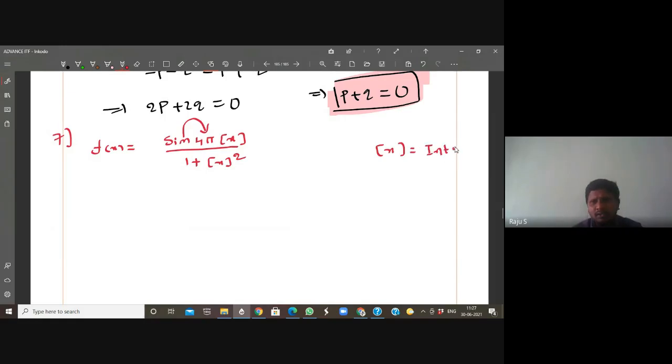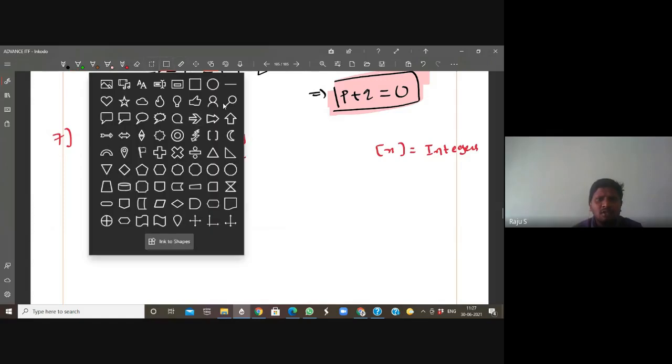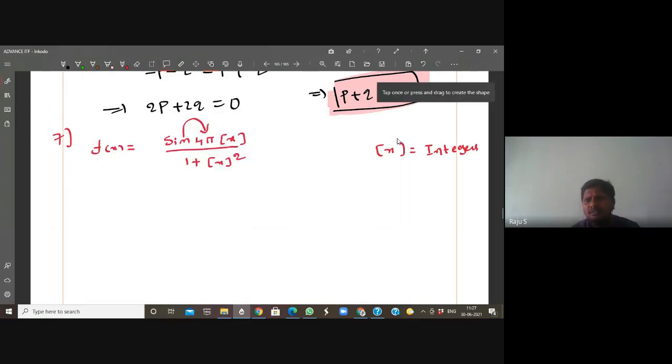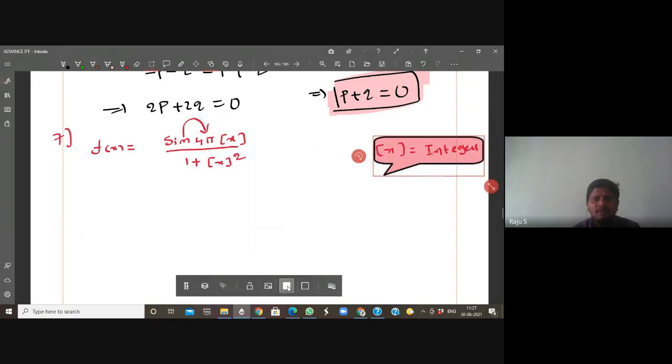It may be positive, it may be negative, whether this is an integer or not. Yes or no? Is it an integer or not? Yes, it is always an integer.